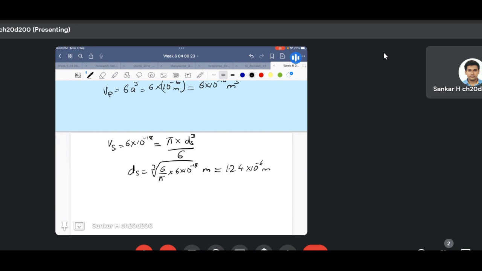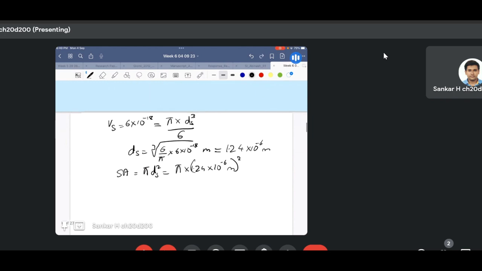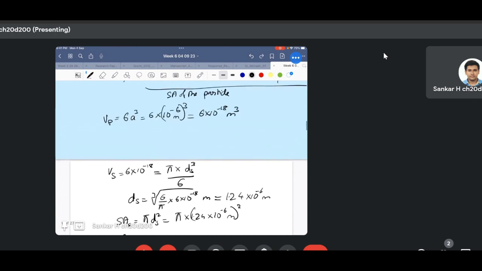Now, what is interesting to note here is that the surface area for a sphere is given by pi d square, or ds square, which is pi times 1.24 into 10 raised to minus 6 meters the whole square. And the volume of a cube, oh, I'm so sorry, this is not 6a cube, this is just a cube.